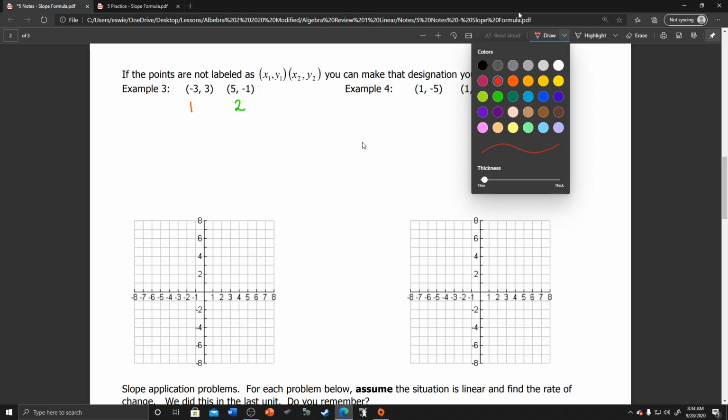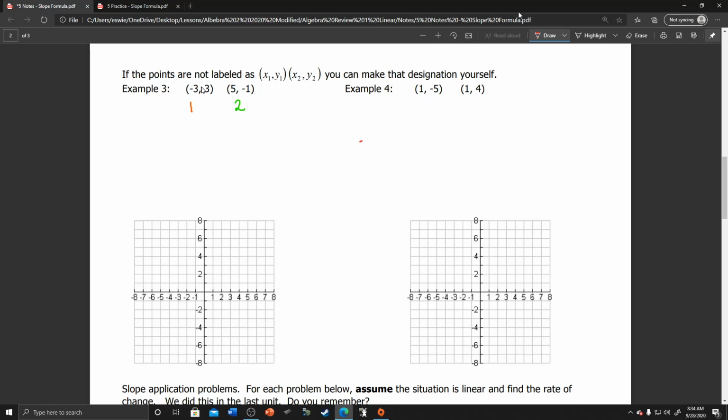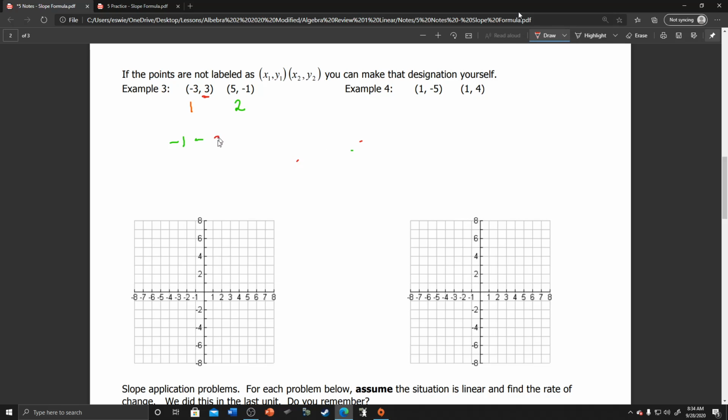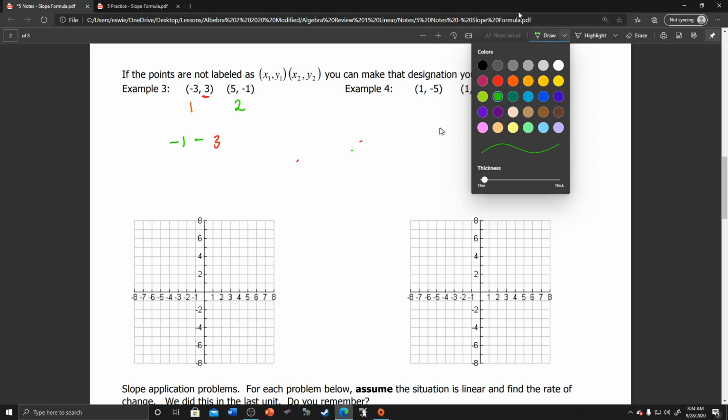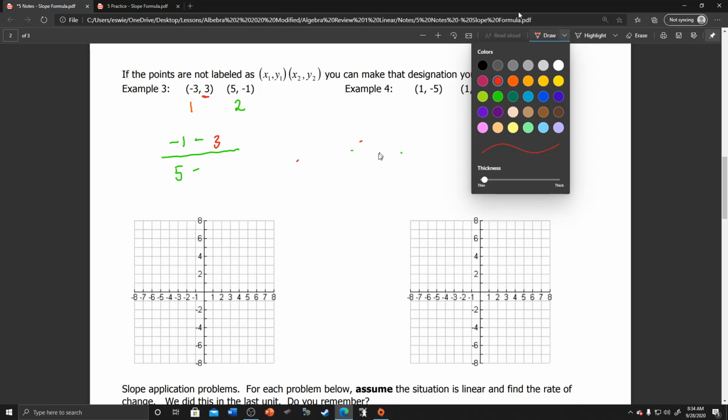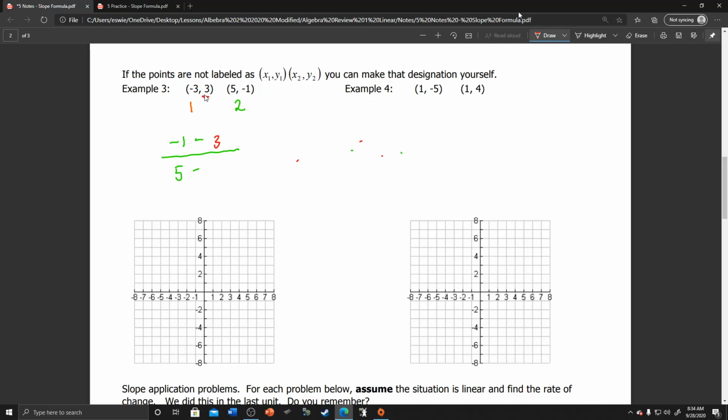So if I want the y value of my second point, that would be -1. Then I need to subtract the y value of my first point, so 3. Then I need to take the x value of my second point, which is 5, and I need to subtract the x value of my first point, which is -3.